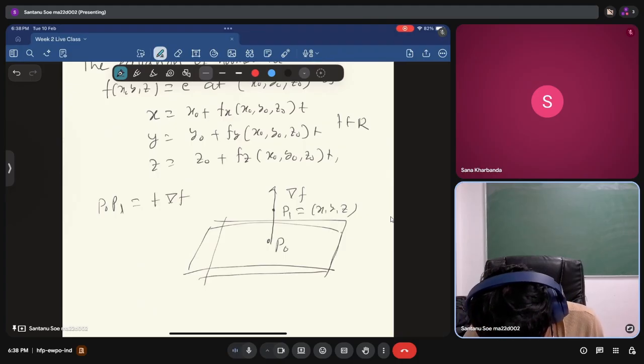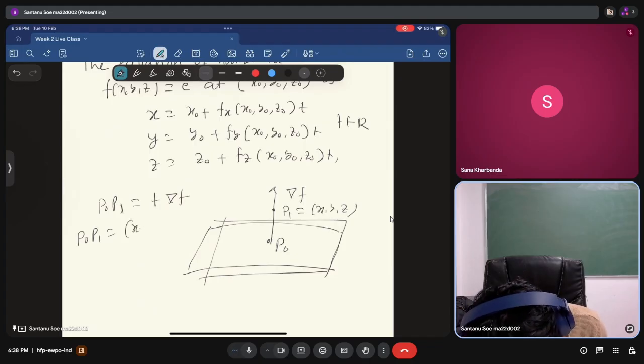Now since we know that the direction ratios of P0P1 are x minus x0, y minus y0, and z minus z0, if you put all the values here, you will get x minus x0 equals t times del f del x at P0.